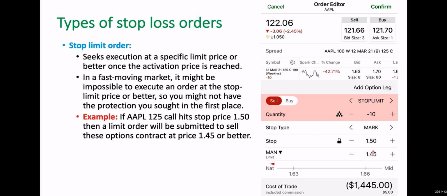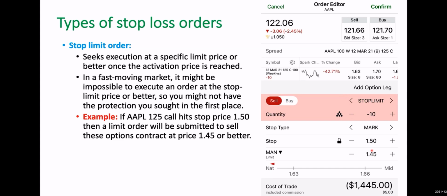So you get to specify the limit price in a stop limit order. That's the beauty of this one. Again, a caution here. When you set a limit order like this, let's say it's a fast moving market. The market's dumping like crazy. Sometimes the options can skip premiums and you may not get filled if you do a limit order. So if you just go play golf thinking that you have a stop loss on your options and the market dumps, sometimes you may not get filled.